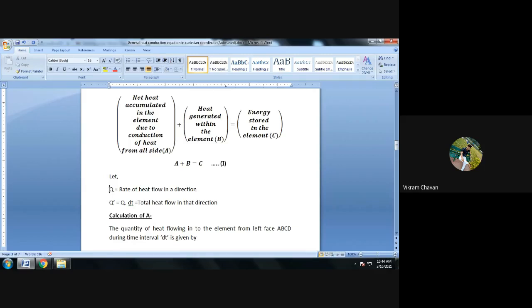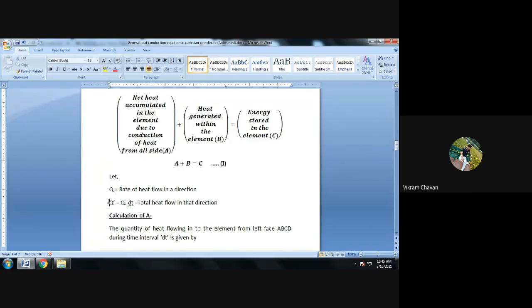Then the next nomenclature: Q dash is equal to Q multiplied by dt, where dt is the time interval. So Q multiplied by dt will be equal to the total heat flow in that direction.